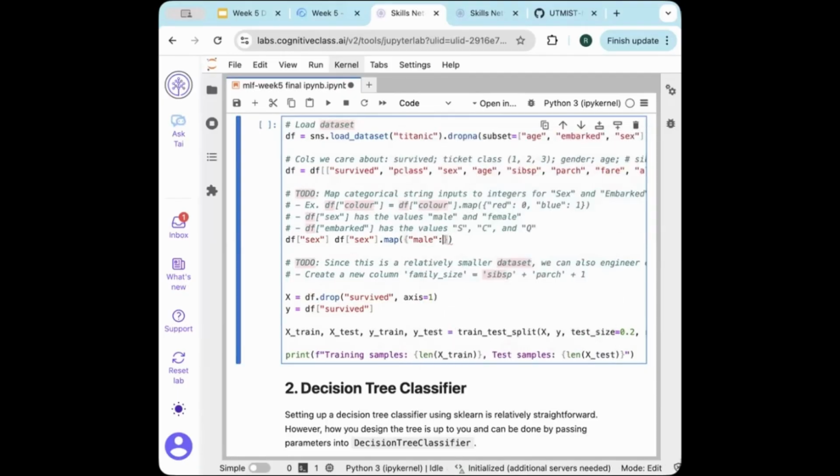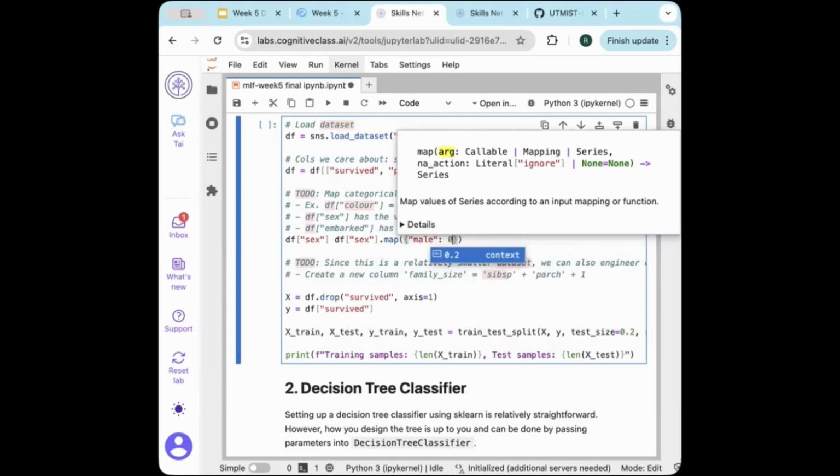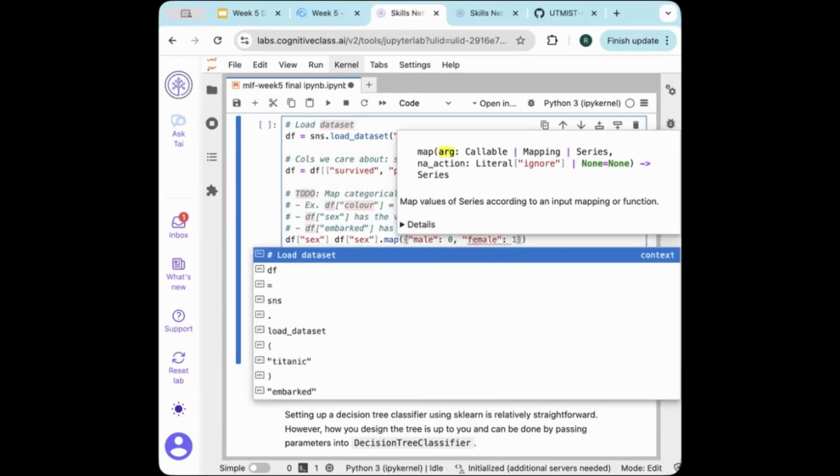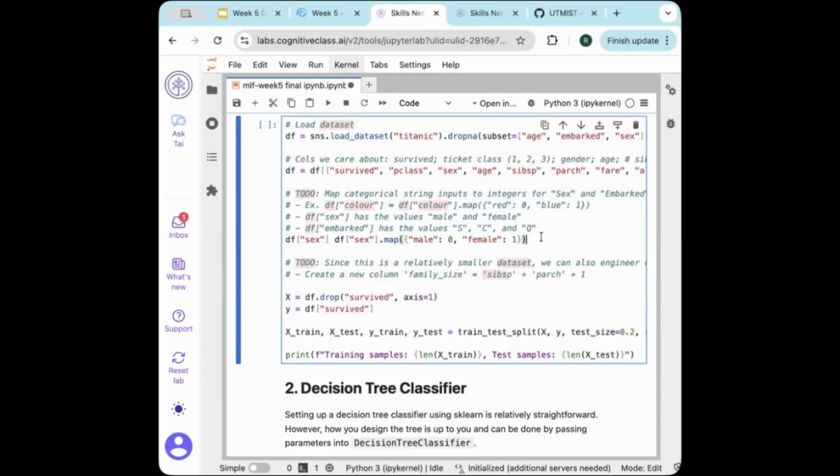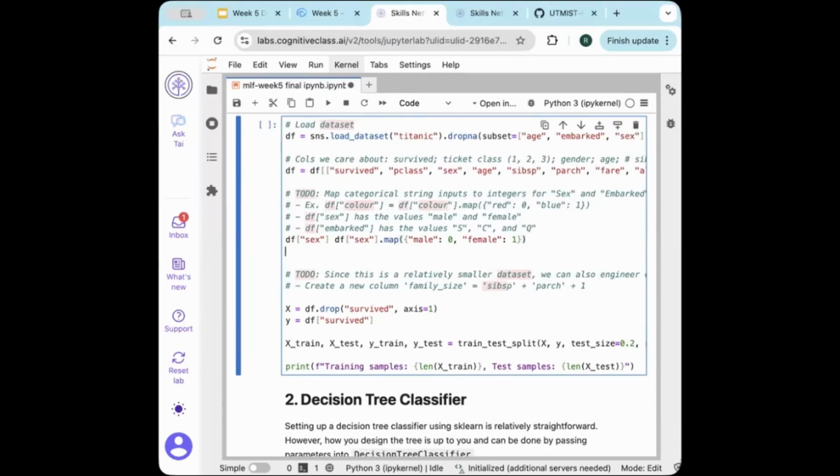In the dictionary, I'm going to map such that male equals 0 and female equals 1. They're enclosed with curly brackets, meaning they're in a dictionary, and there is another bracket for the map function. What this does is it maps them, and we're going to do the same with the embarked column.